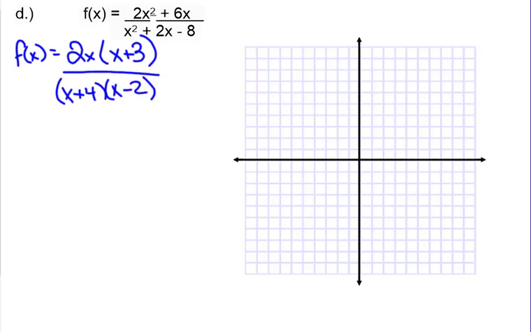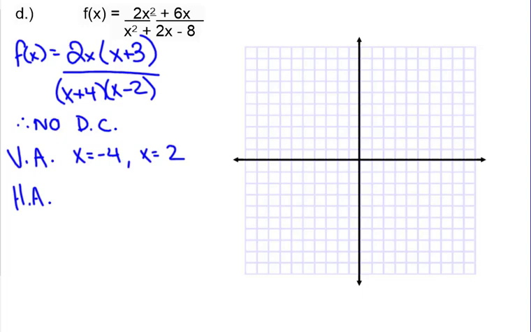Well, we have no common factors, therefore no points of discontinuity. Within here, we've also got vertical asymptotes at x is equal to -4 and x is equal to 2. Horizontal asymptotes, remember that happens when we have common powers or like powers. In this case, our leading coefficient is 2 over 1, so this would be at y is equal to 2.